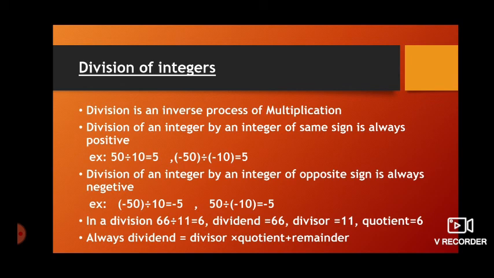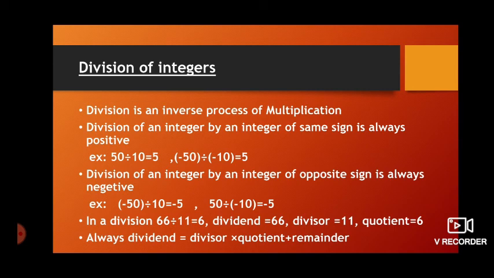Next, in a division, 66 divided by 11 is equal to 6. Here, which is the dividend? 66, and 11 is the divisor and 6 is the quotient. Here there will be no remainder, children. If we get anything left over after doing the division, then we will call it a remainder. And we always have one division algorithm which is satisfied by all divisions.